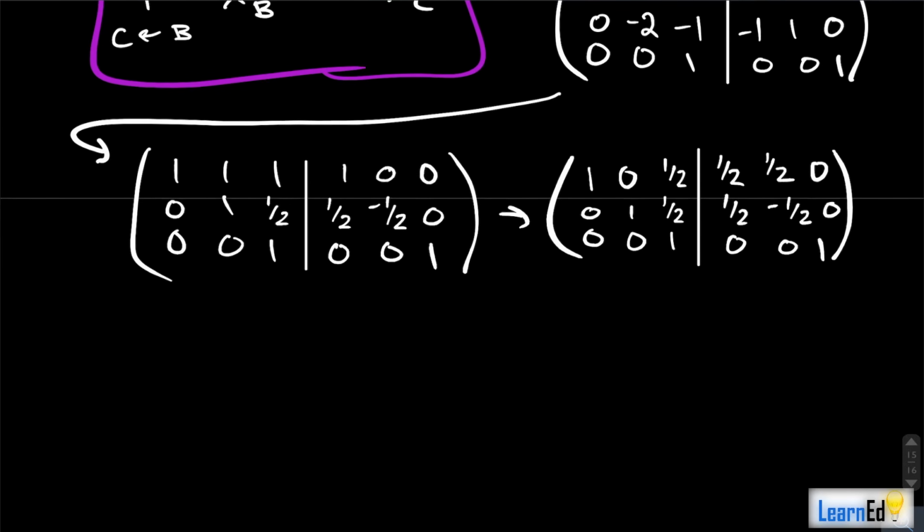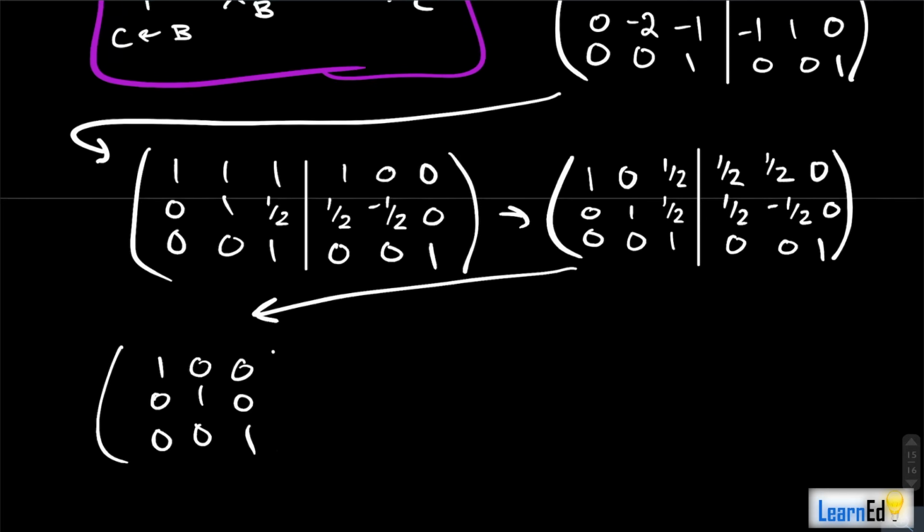Okay, and the last thing to do is zero off the third column except for the pivot. We get 1 0 0 0 1 0 0 0 1, and then we'll still have a 0 0 1 here. To get this thing to be 0, we need to multiply this 1 by -1/2 and add.